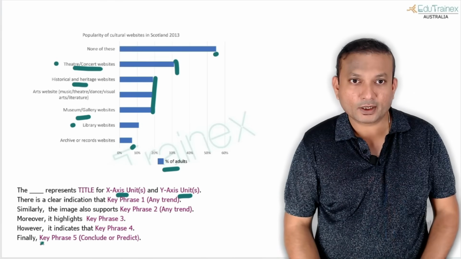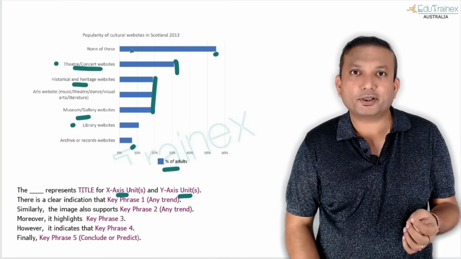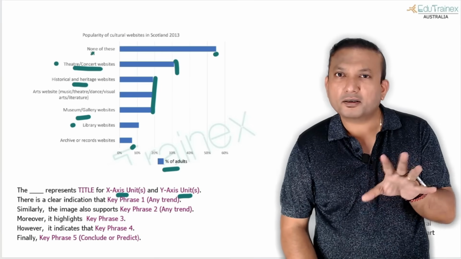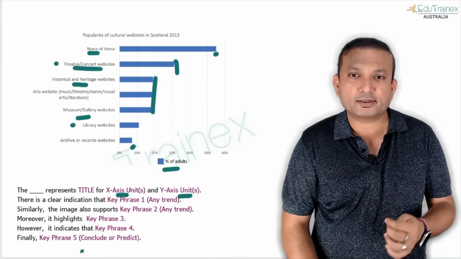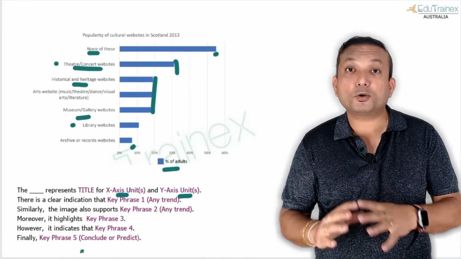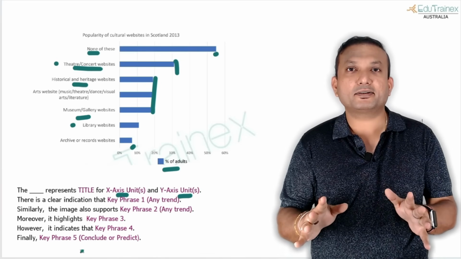Finally, what do you see? I'll just make a prediction or a conclusion. What are people enjoying? People don't seem to enjoy the traditional cultural websites. None of these is the highest. So I'm just going to summarize that. I'll say, finally, people seem to enjoy the other categories which are not related to the traditional art or historical forms. Something like that.